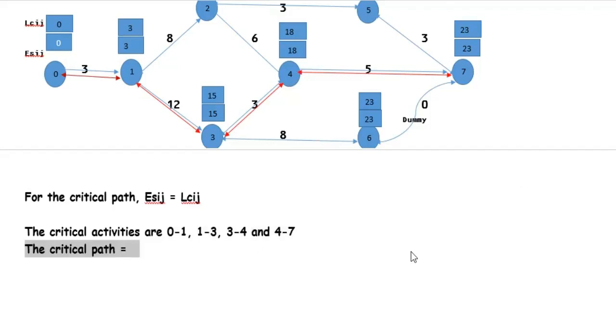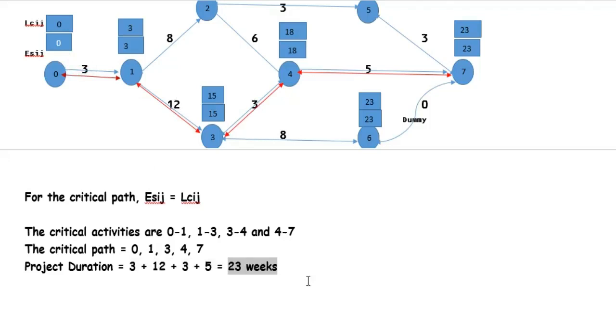The critical path is 0, 1, 3, 4 and 7. Project duration is equal to 3 plus 12 plus 3 plus 5, which is 23 weeks.